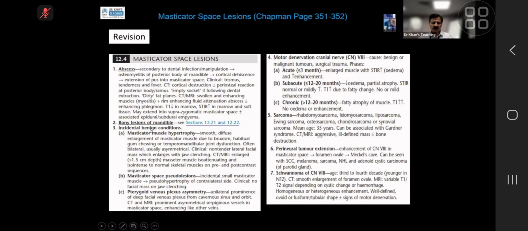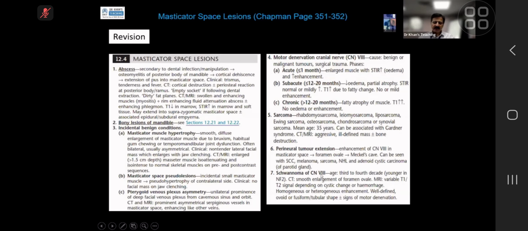Incidental benign conditions, these are usually incidentalomas, so they are not; there was a tumor there, right? Motor denervation, no, it was not. Sarcoma, it doesn't look all that invasive. Perineural tumor extension, no, it was not. And then schwannoma of cranial nerve. There is a bit of a typo there: it is the mandibular division of the trigeminal nerve. So this is what it is.